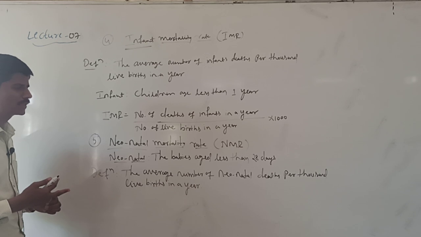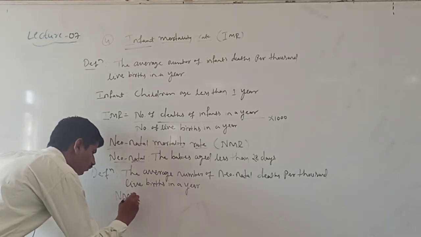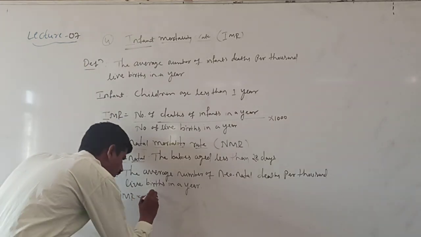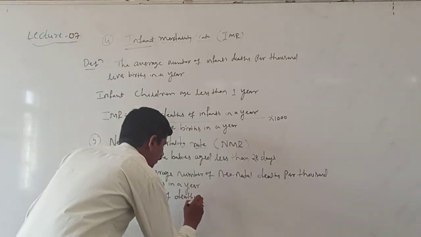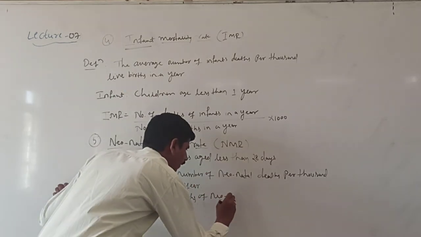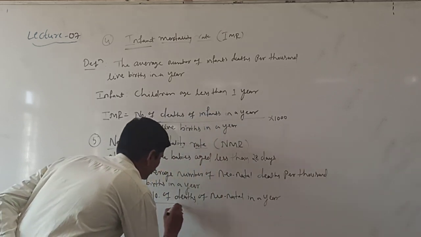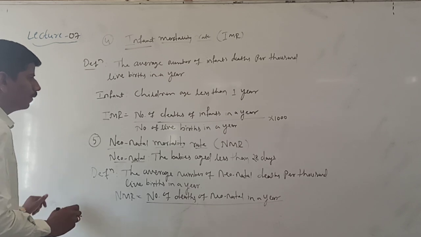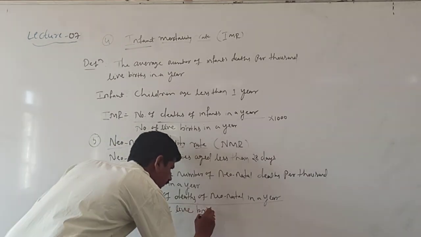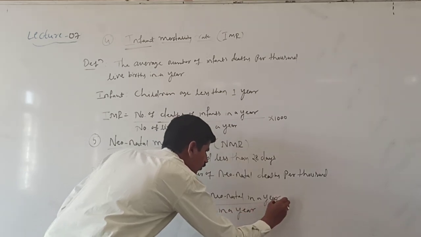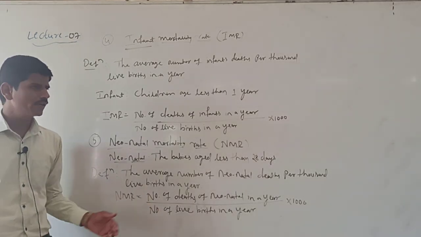The average number of neonatal deaths per 1000 live births in a year. It can be calculated as NMR equal to the number of deaths of neonatals in a year divided by number of live births in a year into 1000.